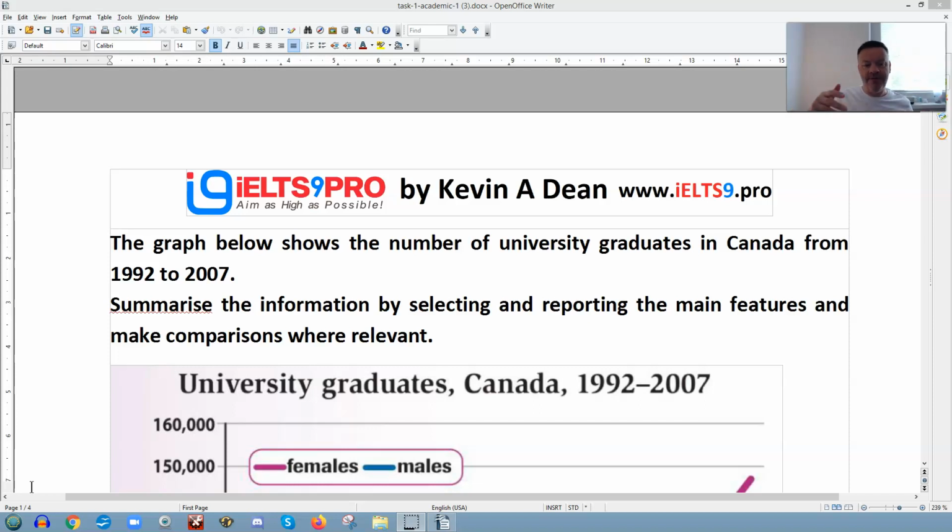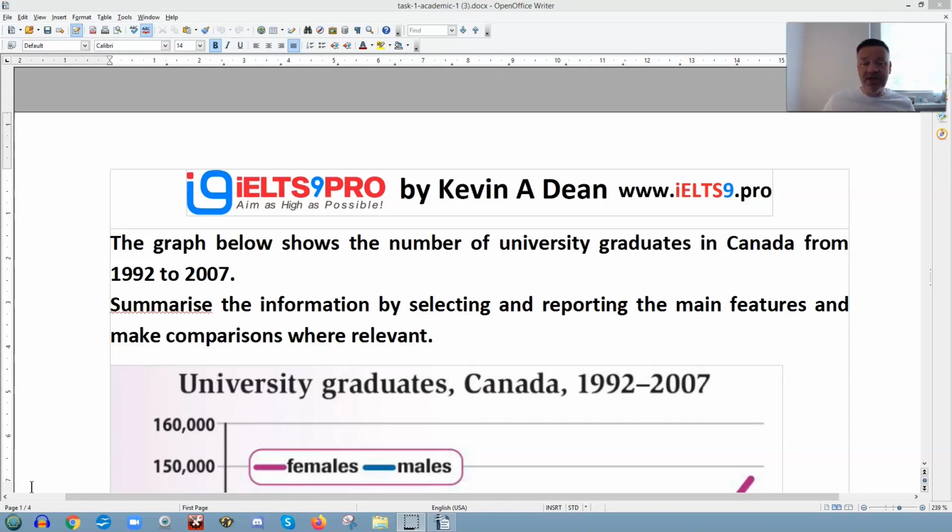The graph illustrates this, it's in this place, it's in this time, it's measured in these units, etc. From an overall perspective, it can be seen that X is twice as big as Y, X and Y are the same, there's a dramatic surge in X, whereas Y shows a significant fall, whatever those key features are. No figures or data, okay?